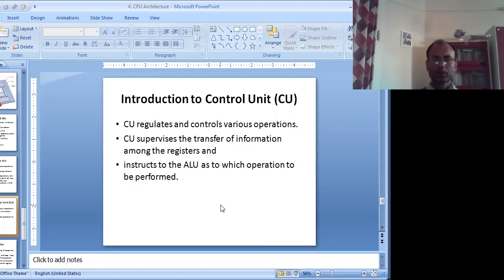The task of the control unit is to regulate and control the various operations of the computer. That means whenever an operation is performed, suppose we need to add two numbers. The addition of two numbers will be performed by the ALU. Inside the ALU, the adder is there. But the ALU needs to have two input values in the form of signals.